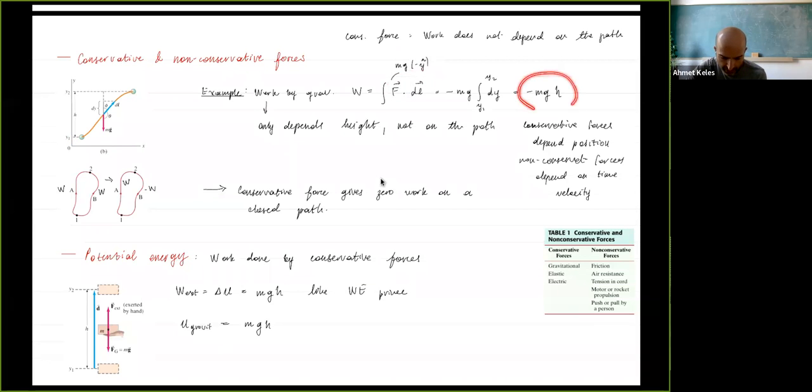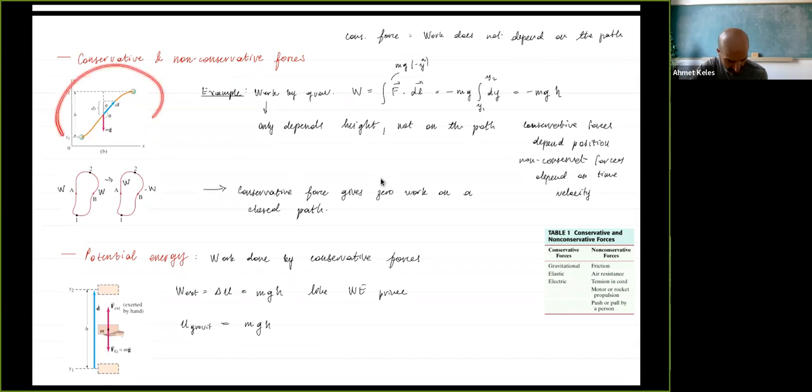It's negative because we are talking about the work done by gravity. There is a force of gravity on the object, and that's minus because force and displacement are in opposite directions. Of course, there is some hidden other agent we don't talk about, maybe a hand, maybe somebody is pulling it.